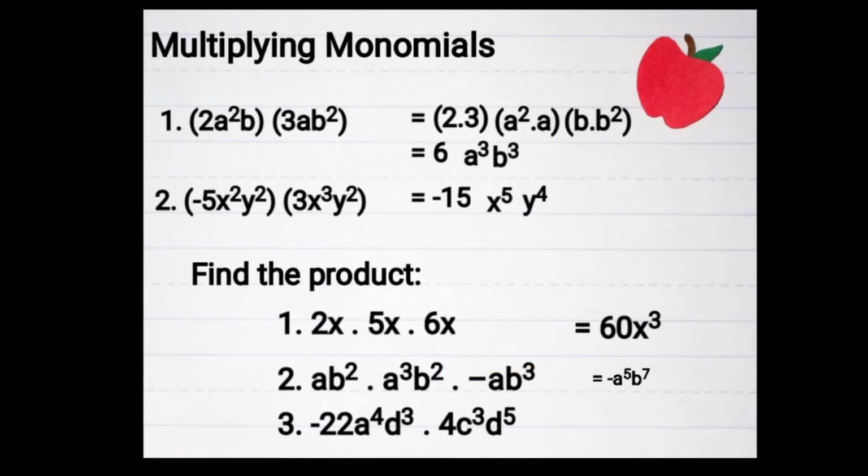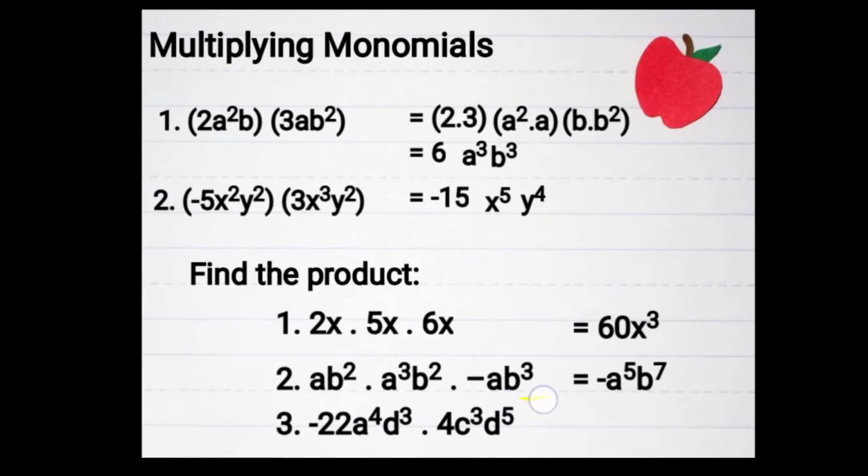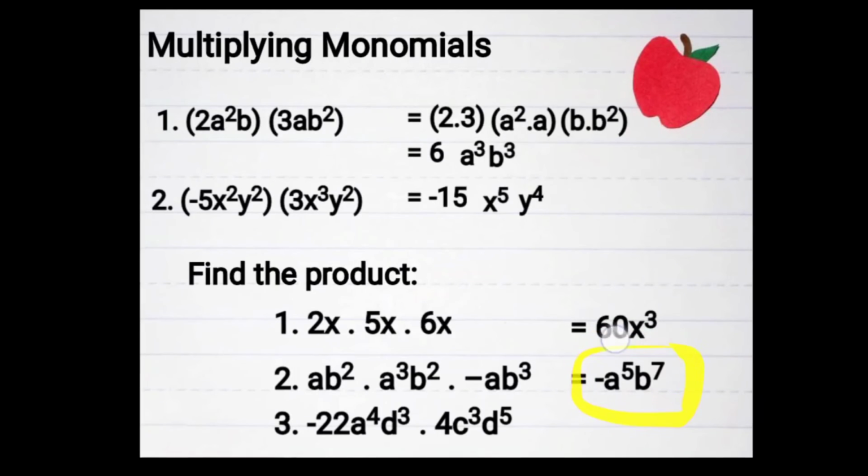That's why we have negative a raised to the fifth power. Then for the base b, we have 2 plus 2 is 4 plus 3 is 7. That's why we have b raised to the 7th power. So for number 2, we have negative a to the fifth power times b to the 7th power.